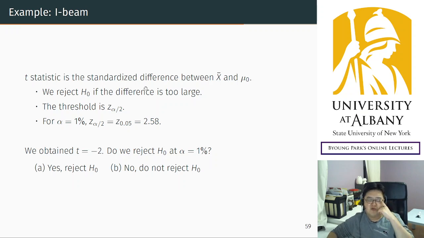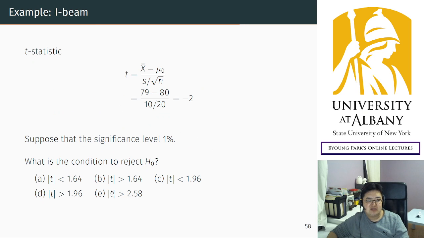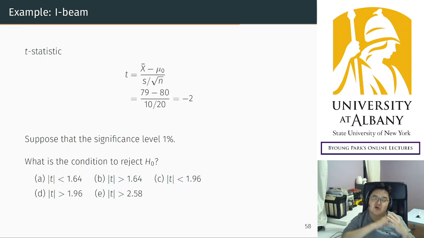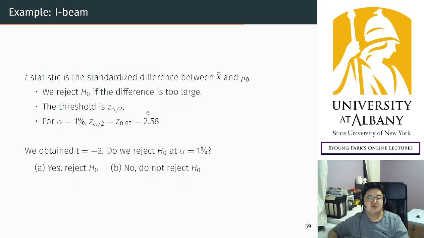Another thing you have to know is the direction of the inequality. If the difference is larger than the cutoff, then you are going to reject. We are looking for the condition to reject, so these two inequalities do not make any sense. Because t is the difference and you reject when the difference is too large, the options are B, D, or E. Among them, the 1% significance level implies 2.58. So the answer is 2.58.